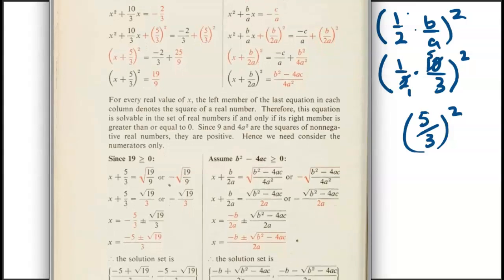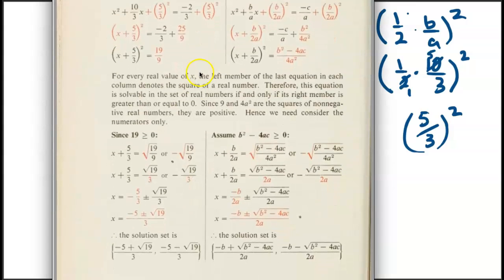So let's look at what they did. All right, so 19 is greater than or equal to 0.